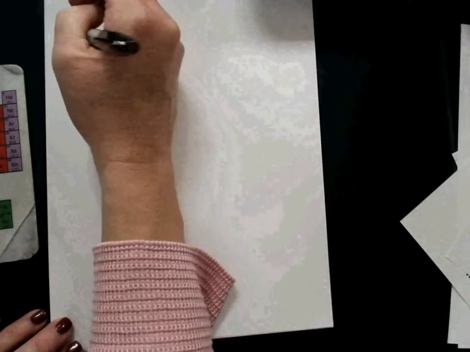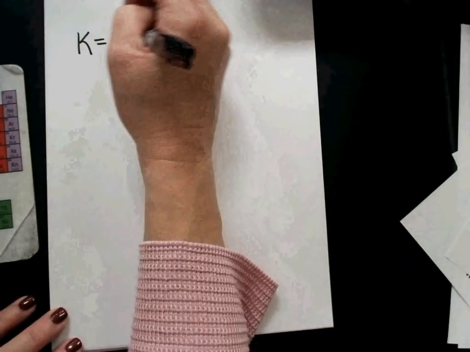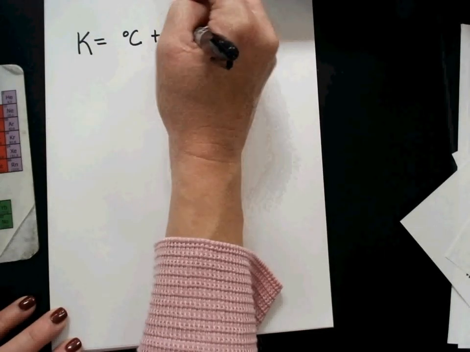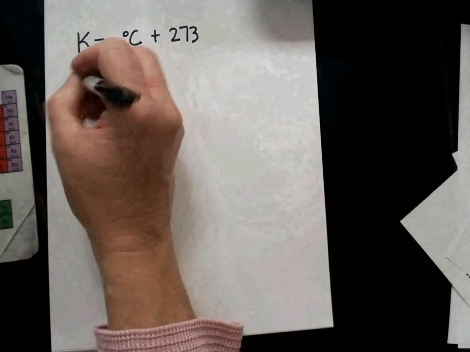So when I look at that, I can say that Kelvin is equal to degrees Celsius plus, and we're just going to use 273 because it's easier to remember. It's actually 273.15. If you have a Celsius temperature and it says convert this to Kelvin, all you have to do is add 273 degrees.